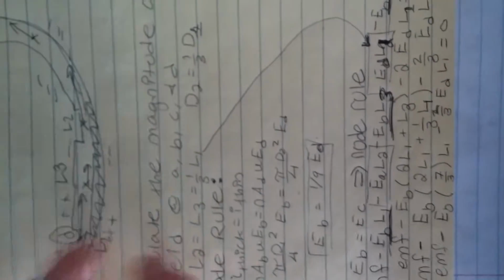And from there, we use our loop rule, which we know how to write. You first go from here, that's your EB L1, and then you keep going around until, we know that delta V is equal to EL.